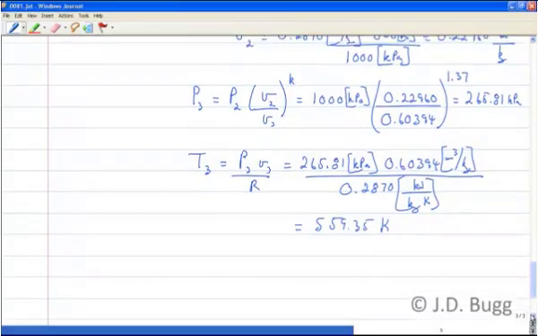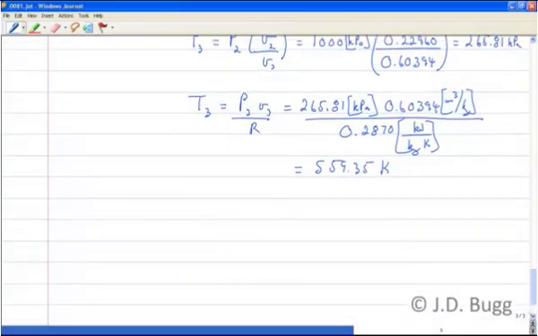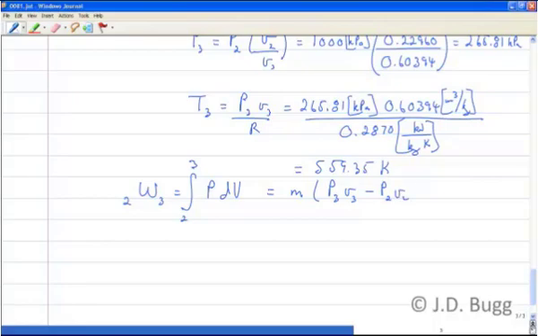Now we're ready to take a look at this work because now we have enough properties at 2 and 3 to do the work calculation. So our work from 2 to 3 is the integral from 2 to 3 of P dV. So that's going to be mass P3V3 minus P2V2 all over 1 minus K. So that's the work for a polytropic process.